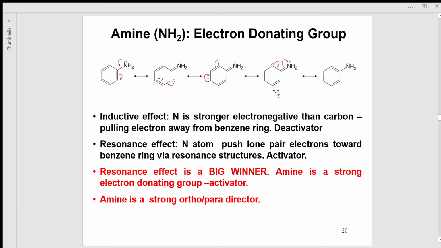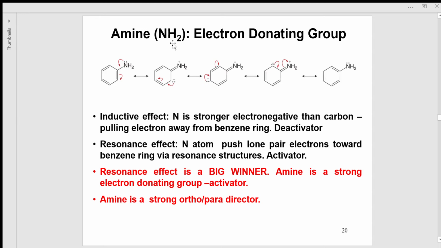Now here's the point. I was so confused. Sometimes I heard my professor say, oh, nitrogen is electron withdrawing, it pulls the electrons away. Oh, the amine group is an electron donating group, it gives electrons. Well, what is the overall effect?